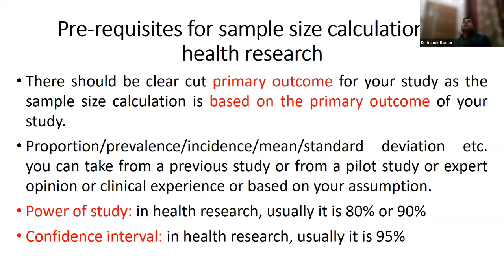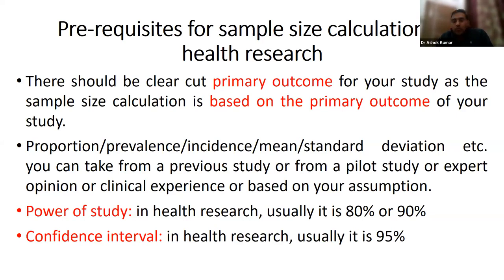Sometimes mean and standard deviation are not given in previous studies; they give median and interquartile range or range. There are other methods to calculate sample size using median and interquartile range. If we don't have a previous study, we can do a pilot study on a small sample of 5 or 10, or use expert opinion, clinical experience, or assumption.